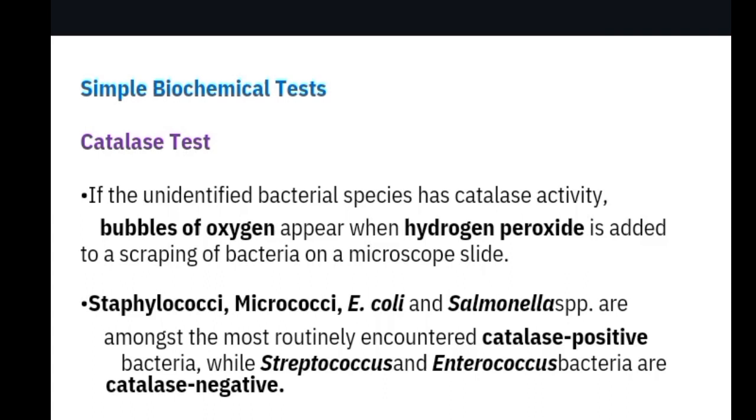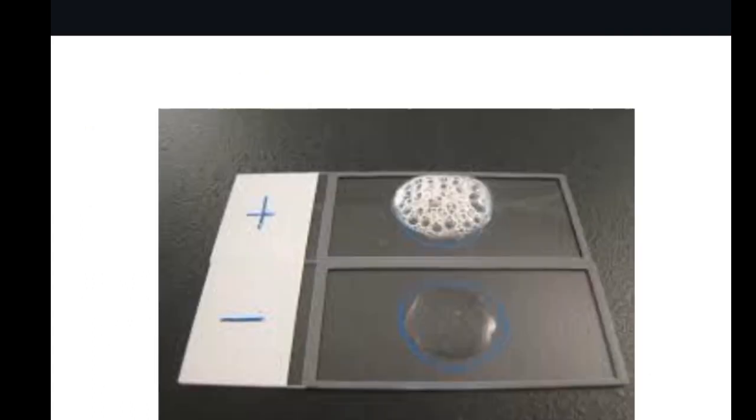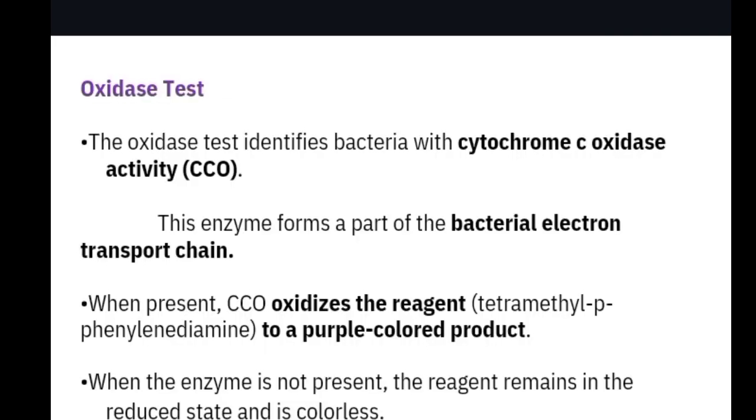So the positive ones produce bubbles of oxygen when hydrogen peroxide is added. In this way, we determine whether it is positive or negative. Here is the diagram.